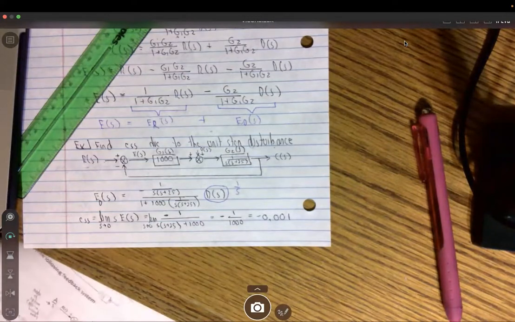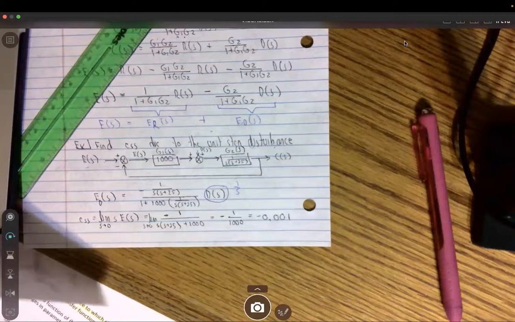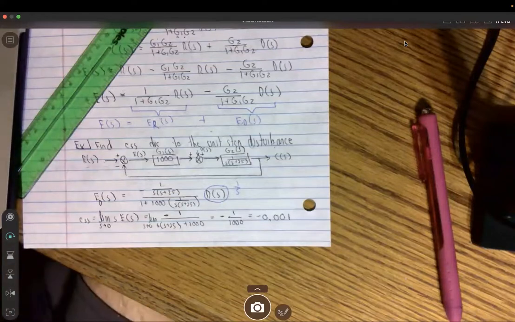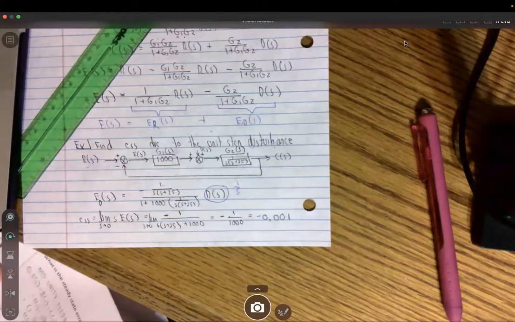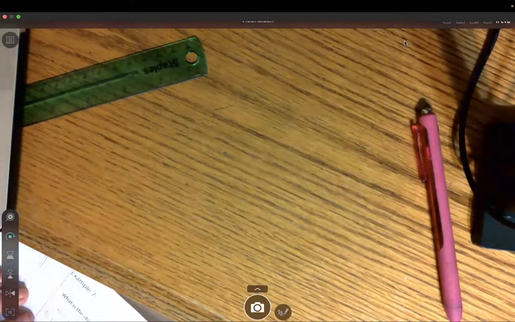Okay, now that we saw that, we're going to talk about how you can turn a system into a unity feedback system if it's not provided, so that you can use all these nice representations and equations that we just found.